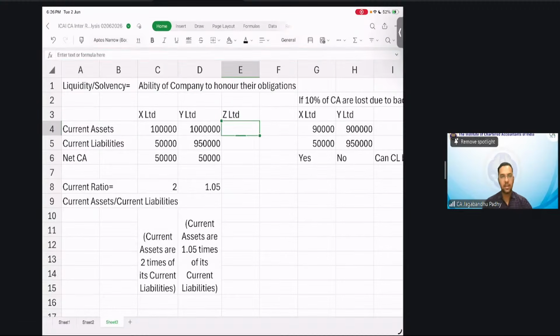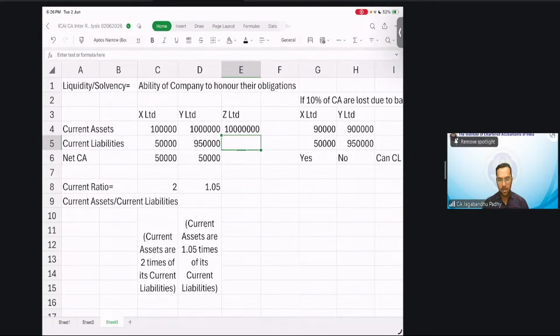But then let's say we have another company called Z Limited, with current assets of 1 crore, current liabilities of 10 lakhs.